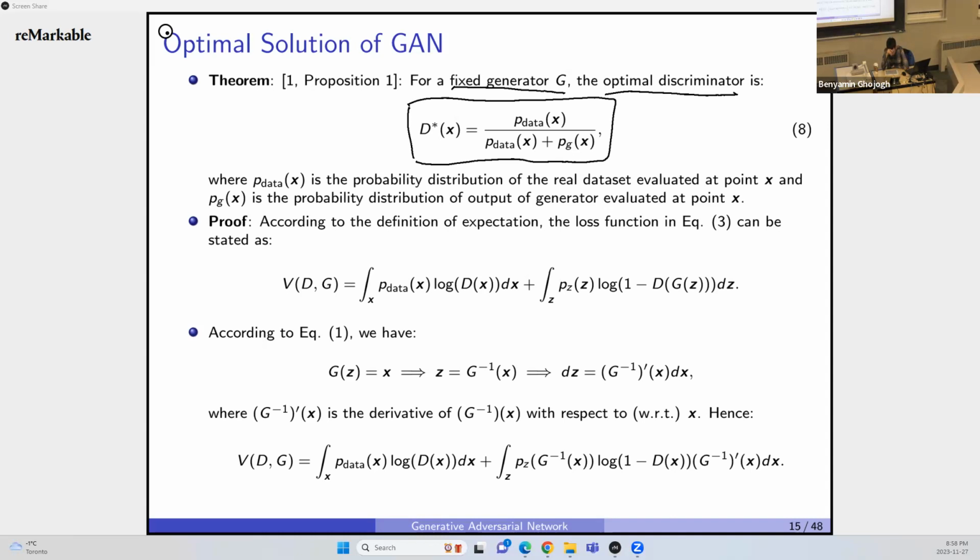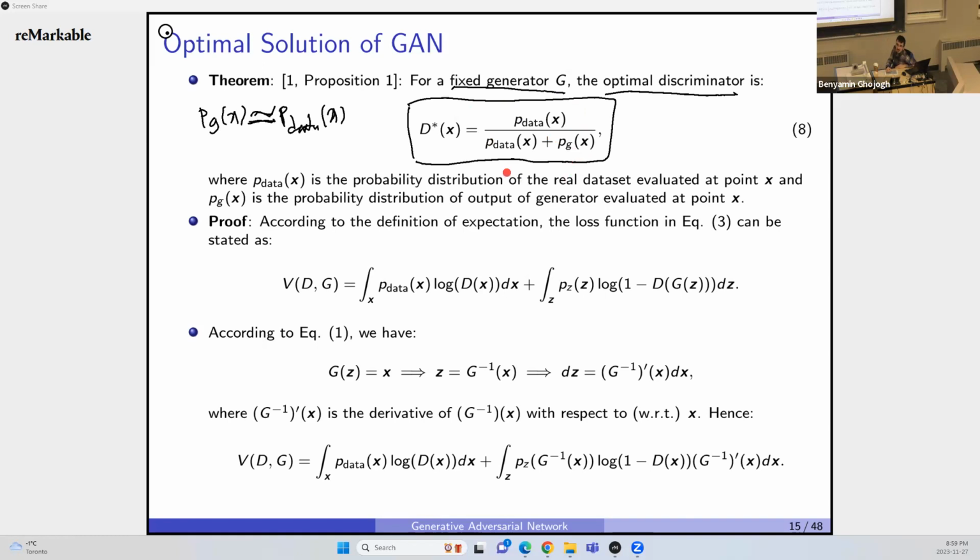Okay. It makes sense. Why? The best generator outputs very good fake data. When the fake data is very good, P_G(x) is almost P_data(x), right? For a very good generator, P_G(x) is almost equal to P_data(x). Set P_G(x) to P_data(x).